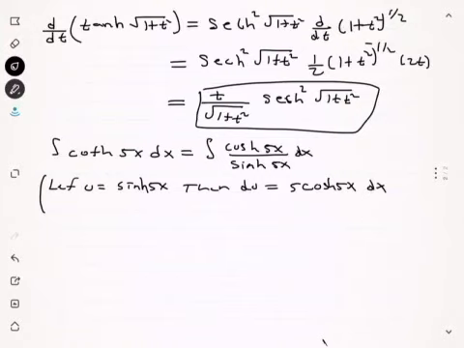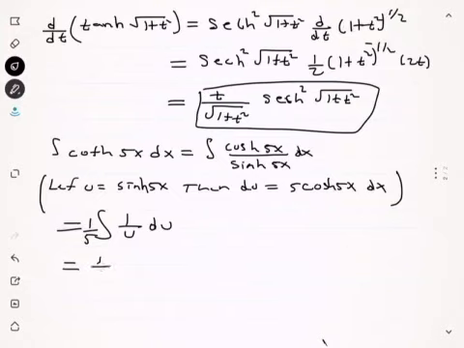And so plugging all this into the second integral there will give us the integral of 1 over u du times 1/5.